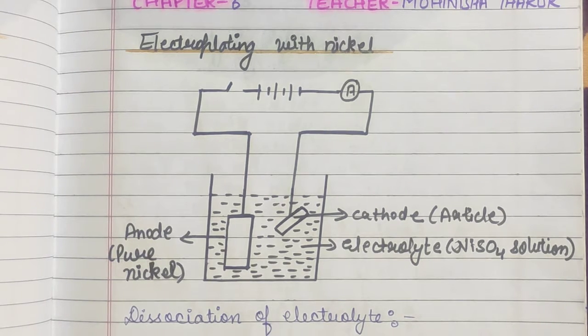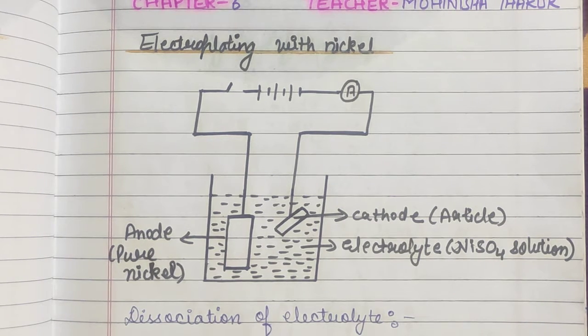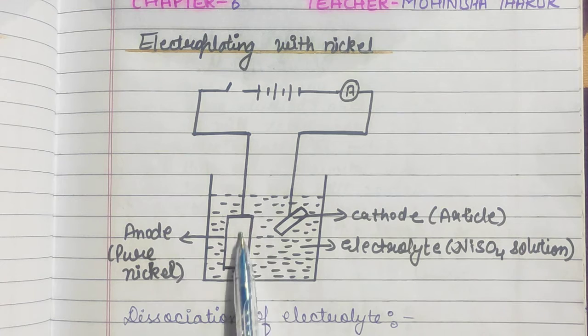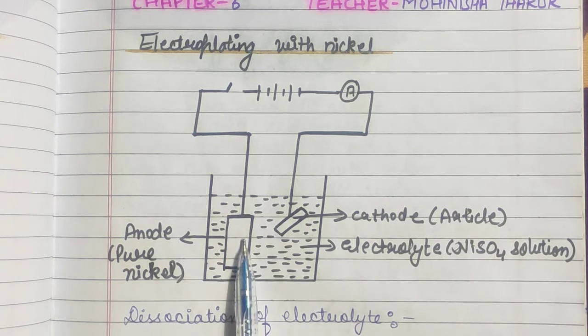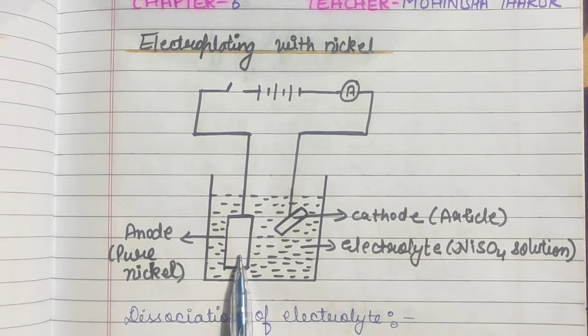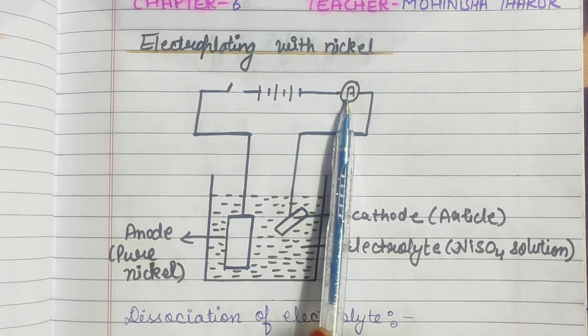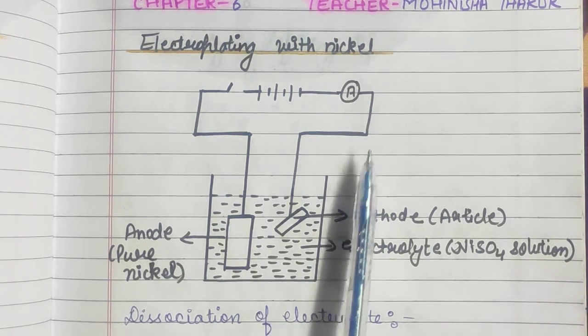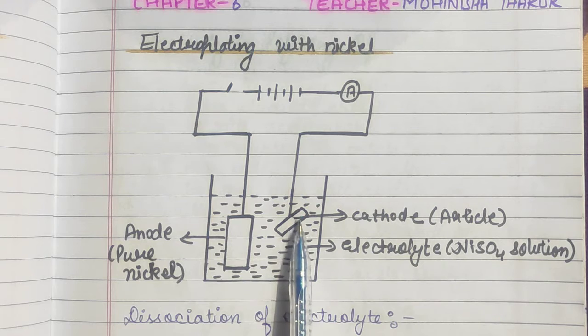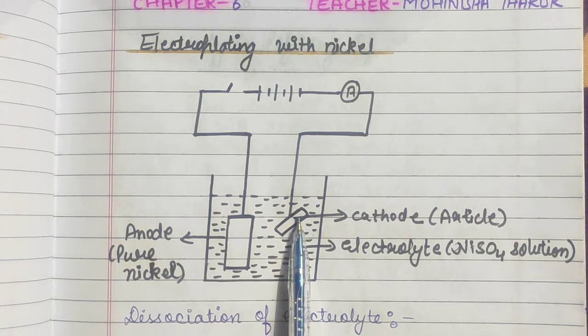One should be of positive charge and another should be of negative charge, that we have already discussed. So we will attach the anode, which is on the left hand side, of pure nickel. If we are doing the electrolysis of nickel, we will take the nickel element. So we will connect it with the battery and ammeter. The ammeter will measure the current. And on the right hand side is the cathode. We will take the cathode article.